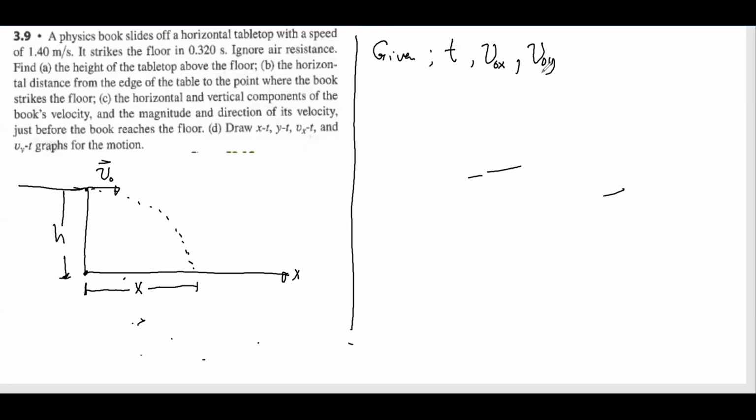We're also given that in words, and now we want to express that mathematically like that, and we want to find what? The height of the table and the range, x. Given what? Given the projectile motion equations.